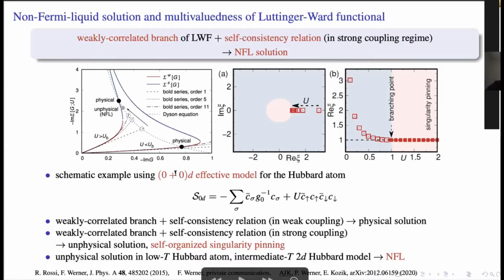Also, there is one important observation: for the unphysical self-consistent solution, a singularity of the Bold series is pinned right at the radius of convergence. These figures show the singularity of the Bold series. As we increase the interaction strength, the singularity approaches the radius of convergence and is pinned right at the radius of convergence when the interaction strength is larger than the branching point.